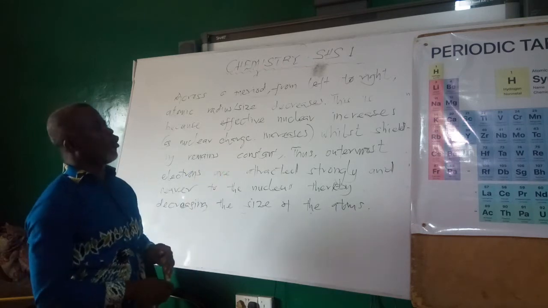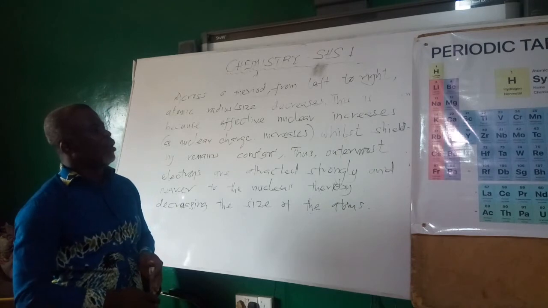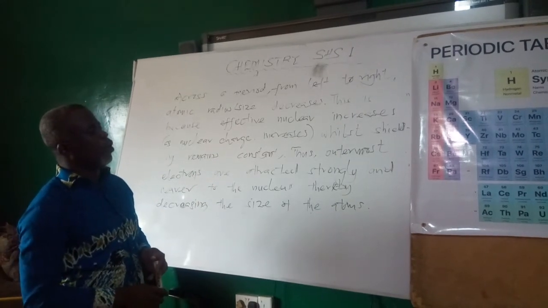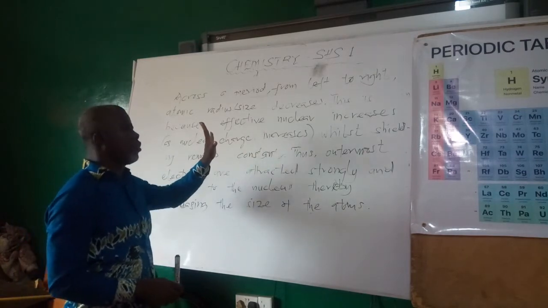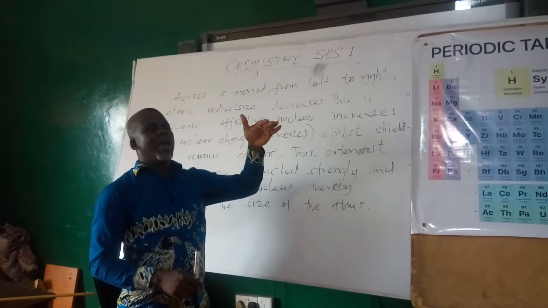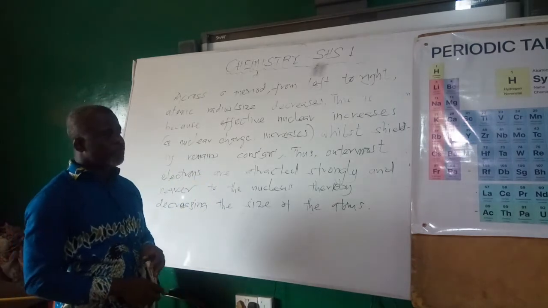For across a period, we have done that. And I hope you are following me. I hope you understand why atomic radius decreases across a period, because of these two terms, the shielding effect and the effective nuclear charge.